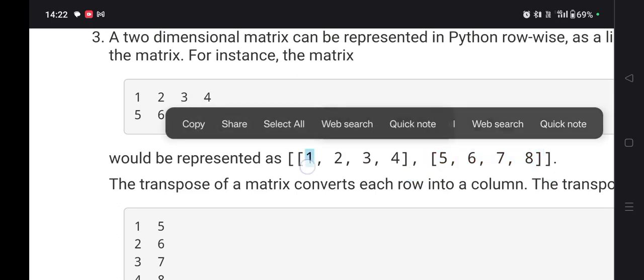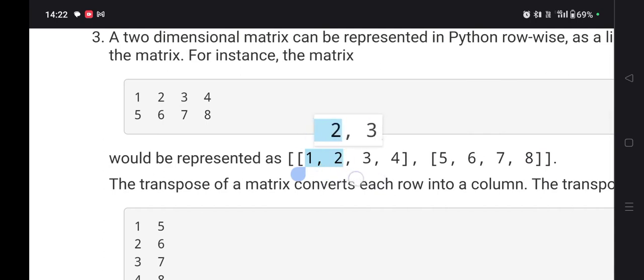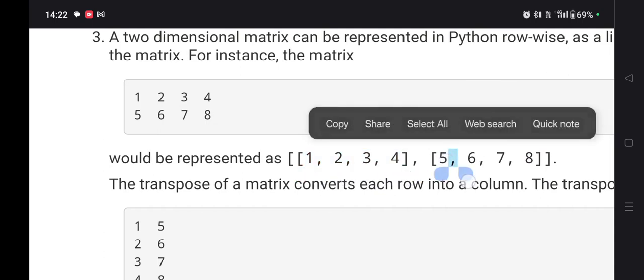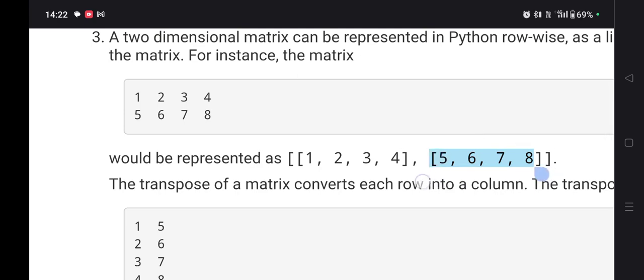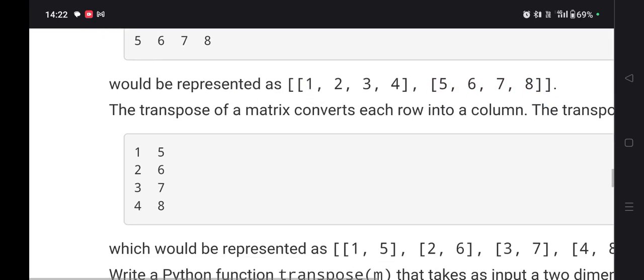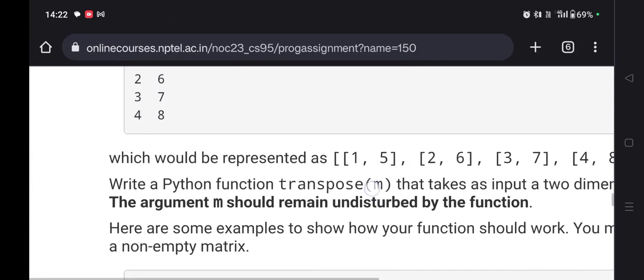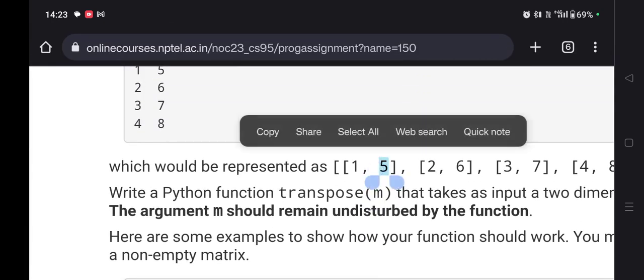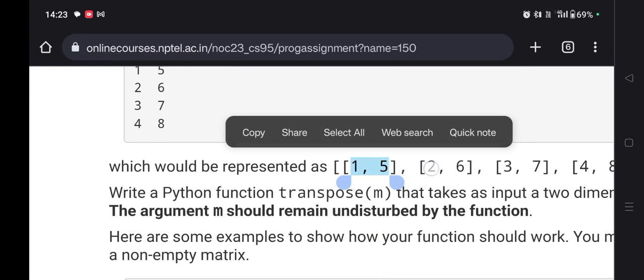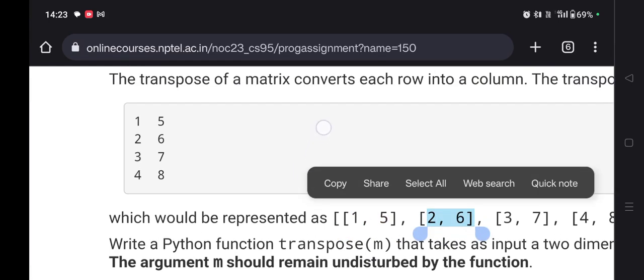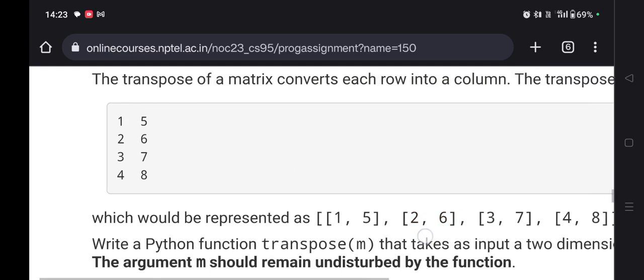The first list is the first row of the matrix and the second list is the second row of the matrix. This you need to understand. Same thing here, you can see this is the first list, 1 5, that is the first row, and this is the second row, 2 6. Same thing for this one and this one.